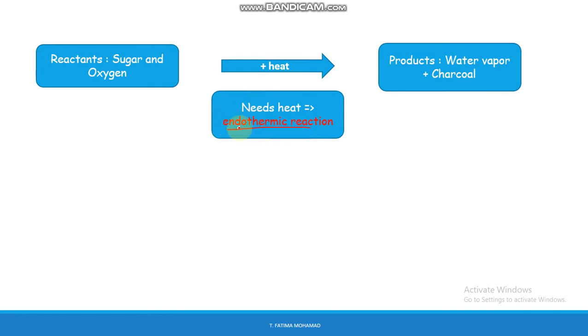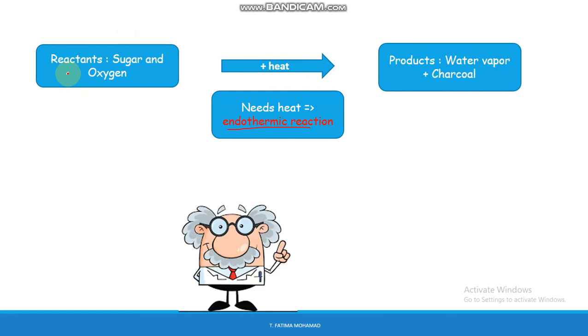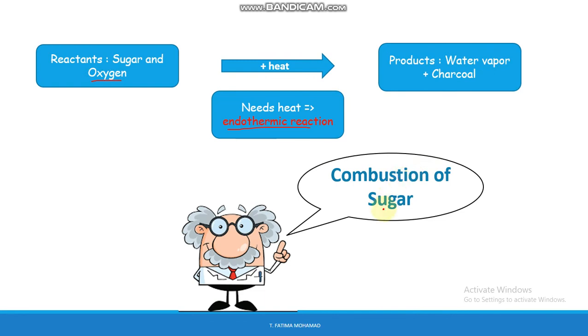This reaction where the reactants are sugar and oxygen, and the products are water vapor and charcoal, upon heating, is called combustion of sugar. So this is activity 1. The reaction of activity 1 is called combustion of sugar.